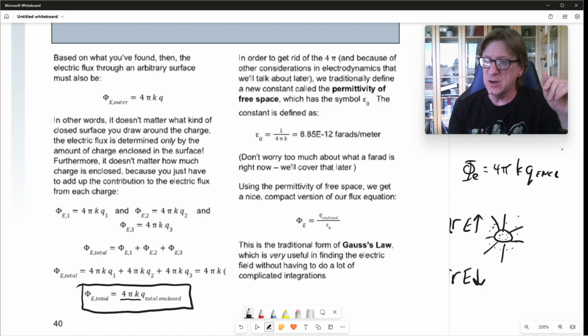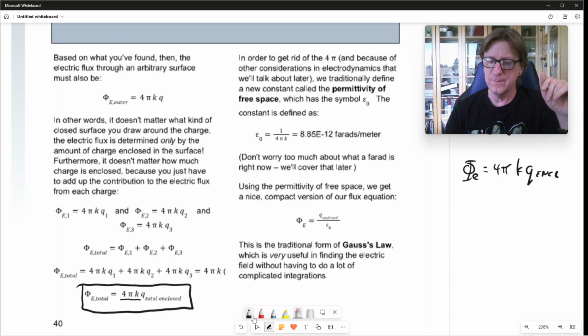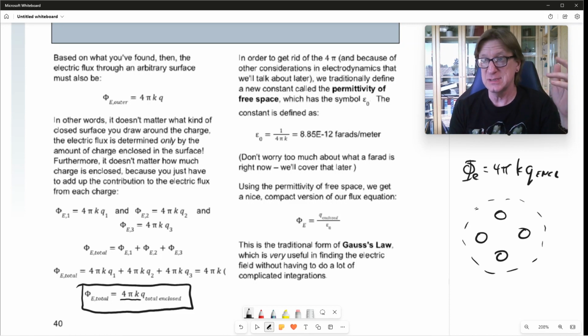But I can also do it so that, for example, what if I have several charges in play, like we've used before? So I could have one here and one here and one here and one here. Well, I could draw a surface around this, a sphere, hopefully, because that's easy to integrate. And then the total charge is just Q1 plus Q2 plus Q3 plus Q4. That's the charge enclosed. No math to solve, just add them up, plug it in right there.